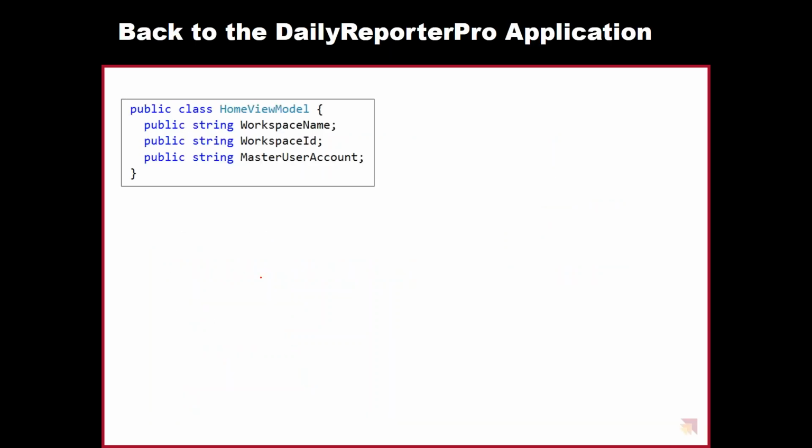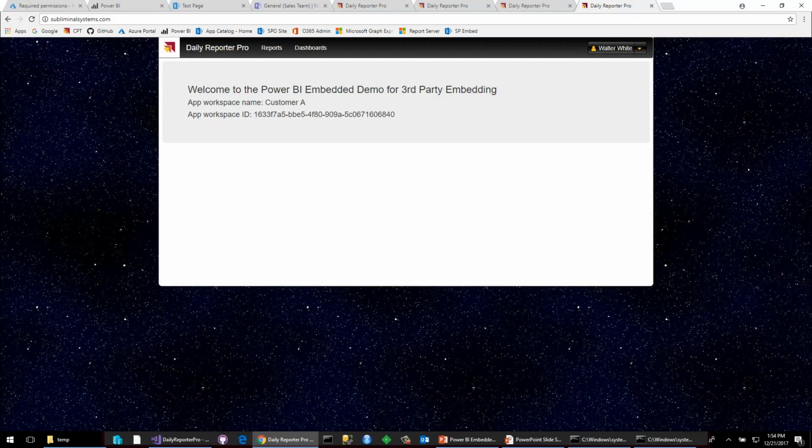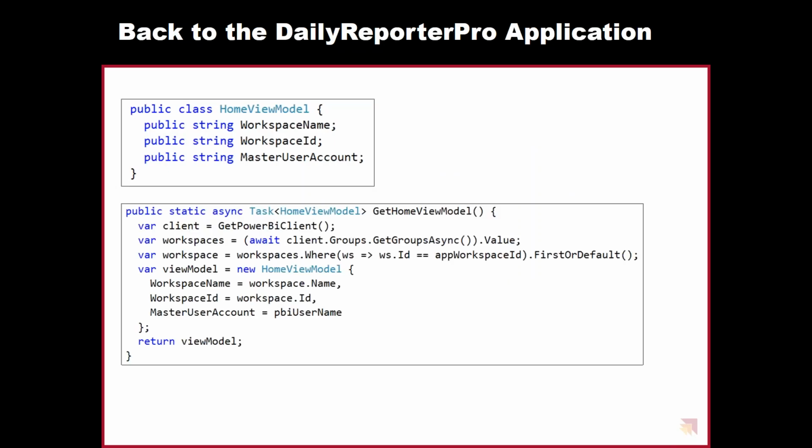And for instance, when I create a view model, I'm basically deciding what data I want to move from the server out to the client. So I want to get things like the workspace name, the ID, the master user account. That's how I'm able to show this type of information on that page right there.